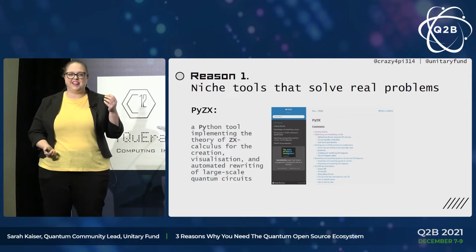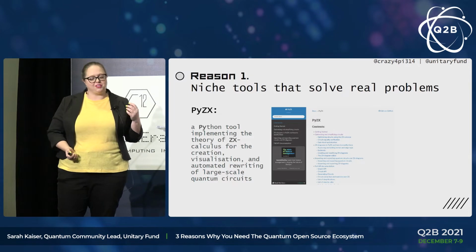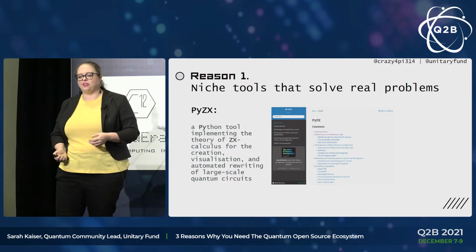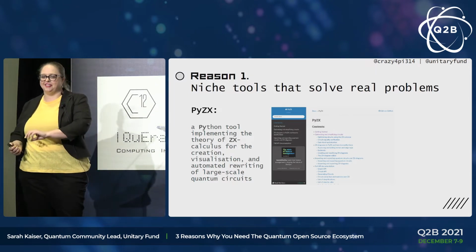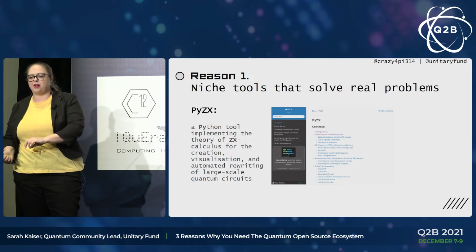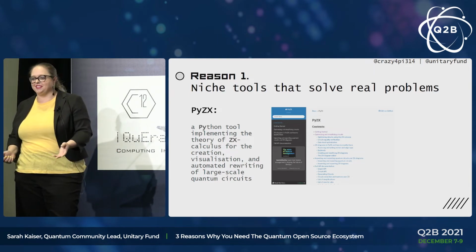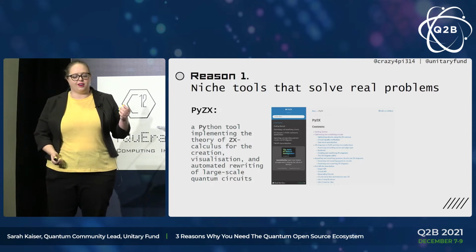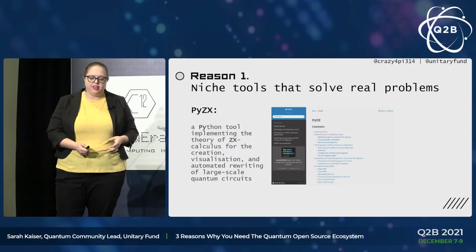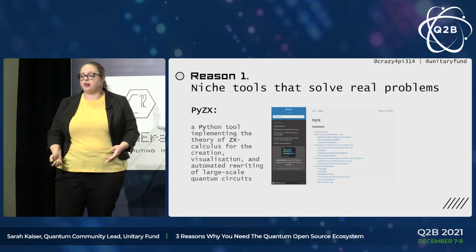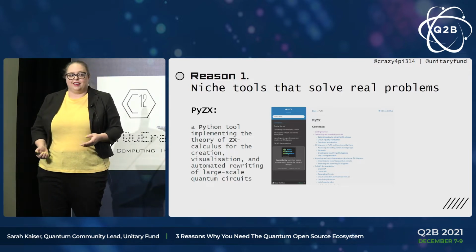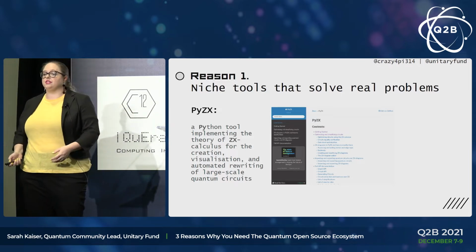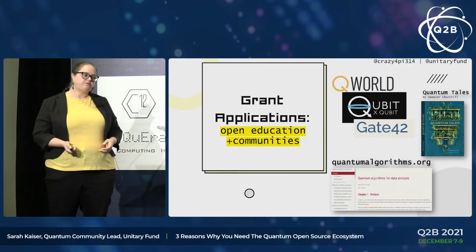But I don't think many people off the cuff say, yes, I would like a specific ZX calculus package to solve my problem. You may not even know that ZX calculus is something useful, but it is a fairly niche topic that people can pick up and use and be enabled to do things that they wouldn't have otherwise.